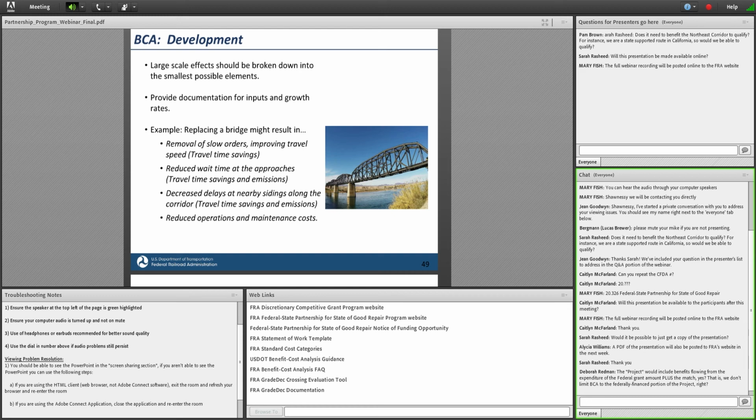However, they will reduce travel time savings in a different way and with different assumptions and with different cumulative effects. So by dividing it up to the smallest portions possible, we can really verify that you've done your homework and that these are reasonable estimations of what will occur, and then we are more likely to accept your final conclusion.